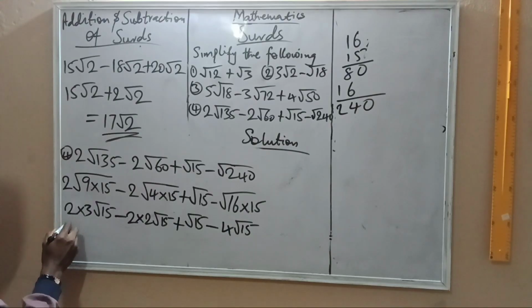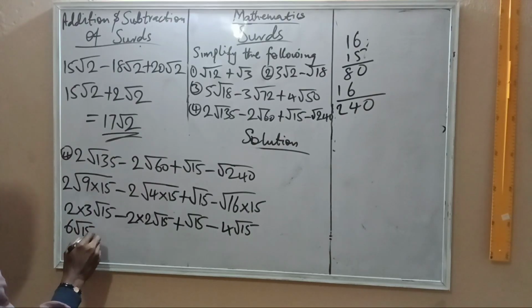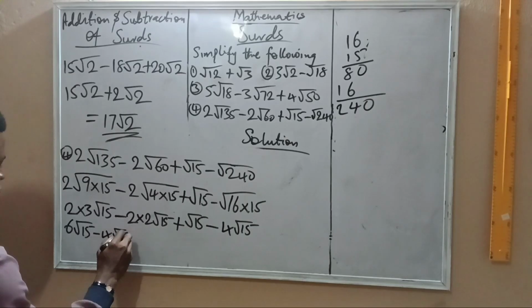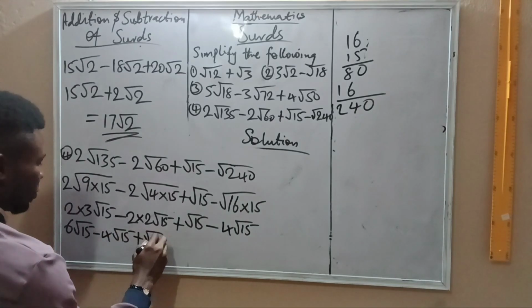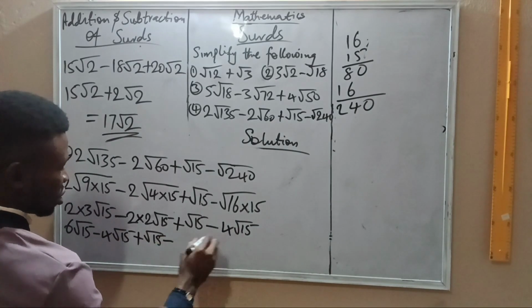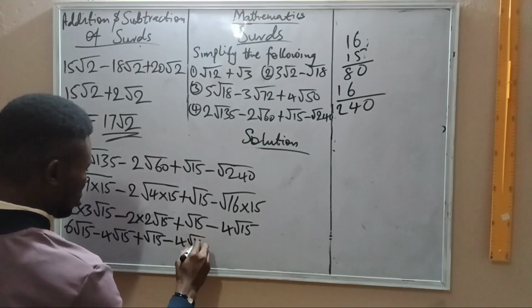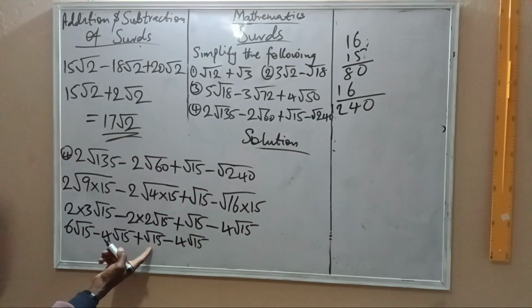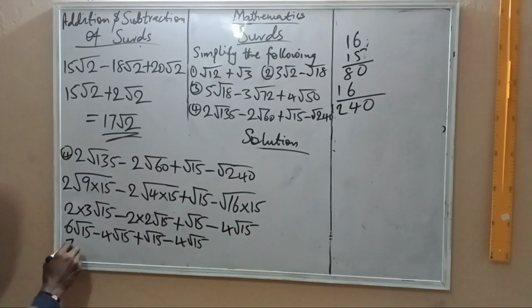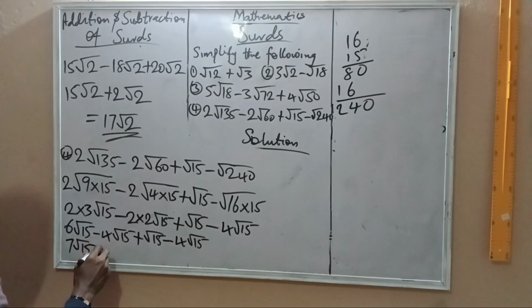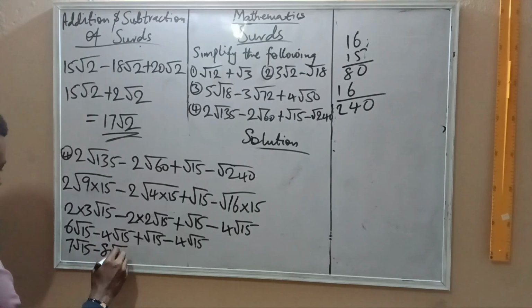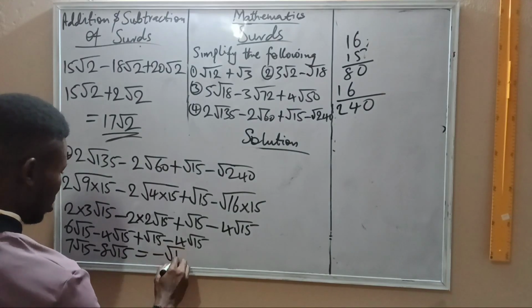This is 2 times 3 is 6√15 minus 4√15 plus √15, then minus 4√15. So now we have √15 plus 6√15 is 7√15. Then minus 4√15 minus 4√15, that is minus 8√15. And 7√15 minus 8√15 equals minus √15.